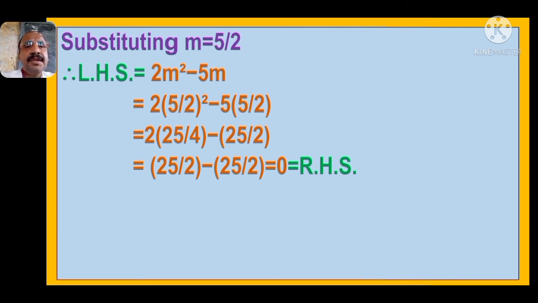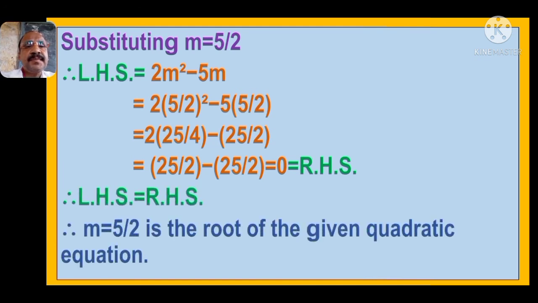We get 25 upon 2 minus 25 upon 2, which is equal to 0, which is right hand side. Therefore, left hand side is equal to right hand side. Therefore, m is equal to 5 upon 2 is the root of the given quadratic equation.